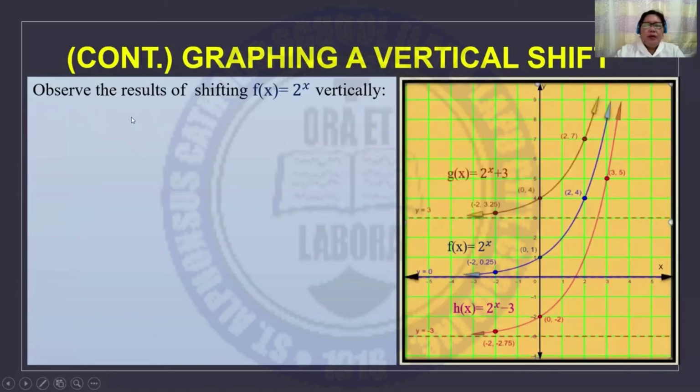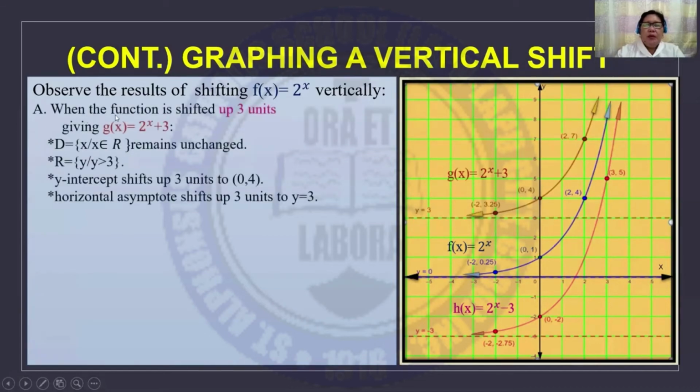Observe the results of shifting f of x is equal to 2 raised to x vertically. When a function is shifted up 3 units, giving the second function 2 raised to x plus 3, we have the domain x is the set of x such that x is an element of real numbers, so it remains unchanged.